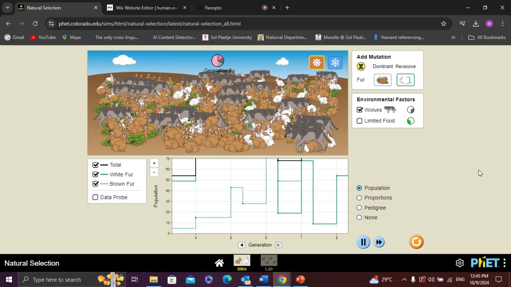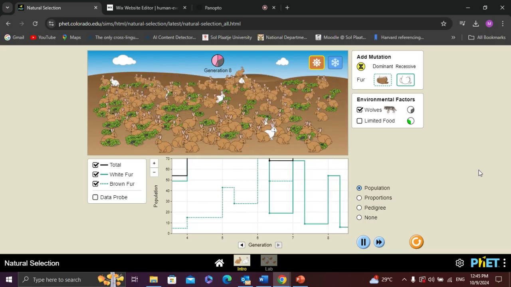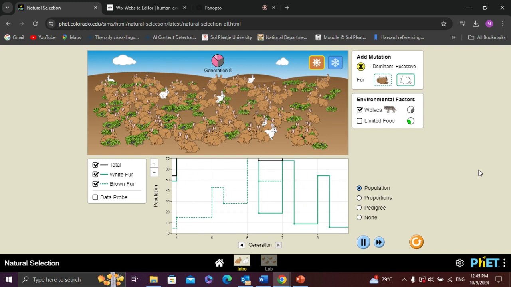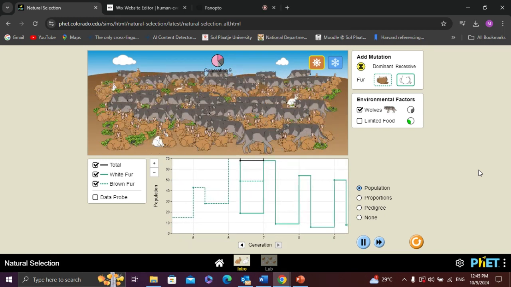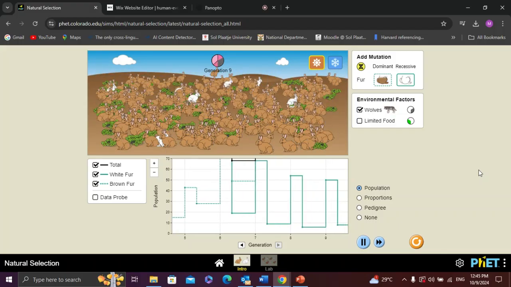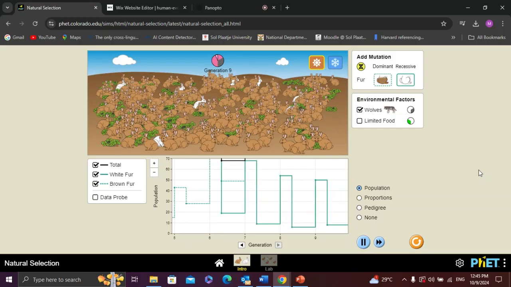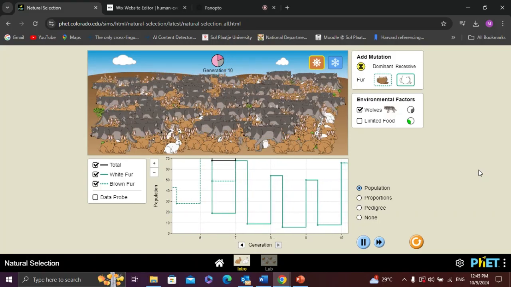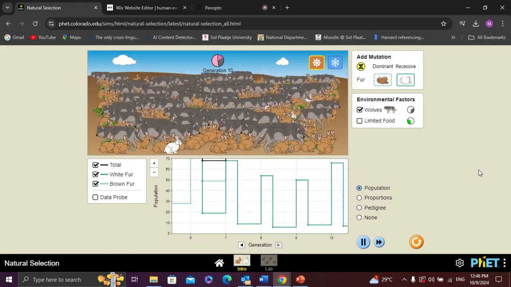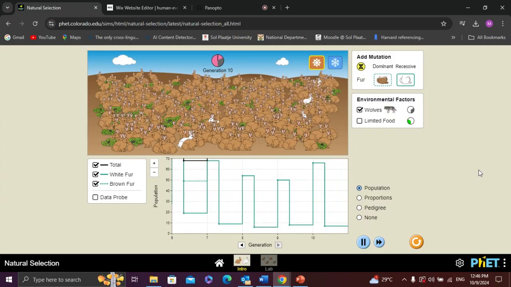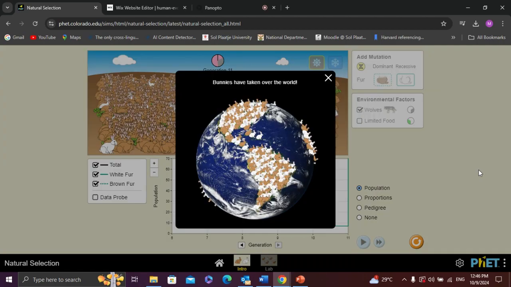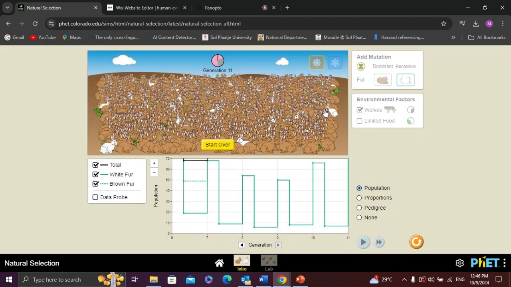They are disappearing. We are getting fewer and fewer white fur rabbits and a greater number of brown fur rabbits. Now we can only see a limited number of white fur rabbits, and then they have taken over the world, both brown and white, but the ones that were mainly there are the white fur rabbits.